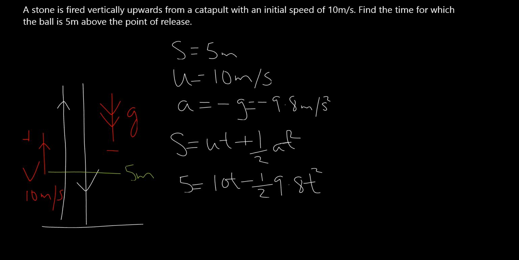Rearranging this, we obtain the quadratic equation 4.9 t squared minus 10 t plus 5 equals 0.